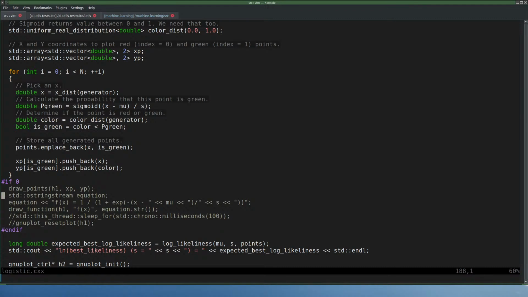Yeah, this one. This generates points, coordinates, and color according to some hidden distribution.